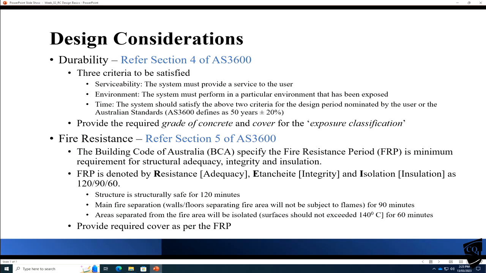The durability requirements are explained in section 4 of AS3600, and fire resistance is explained in section 5. The durability section mostly focuses on 3 criteria.